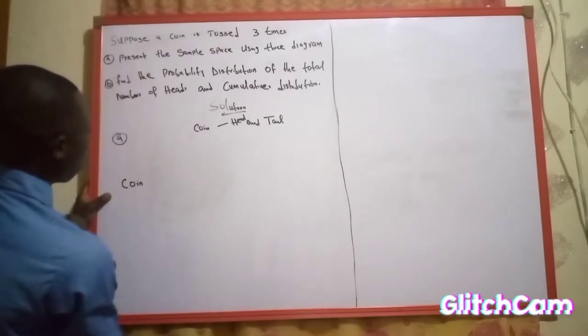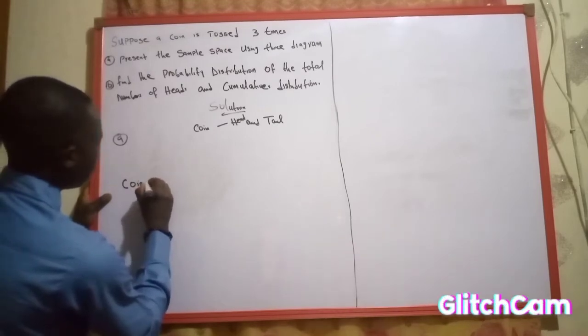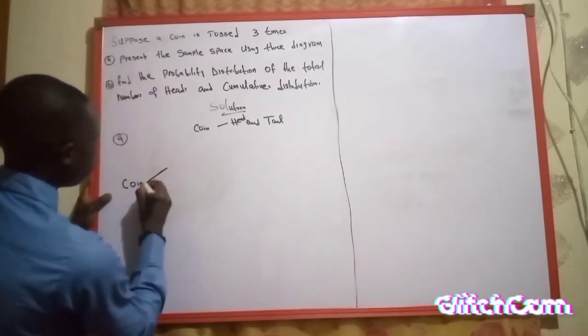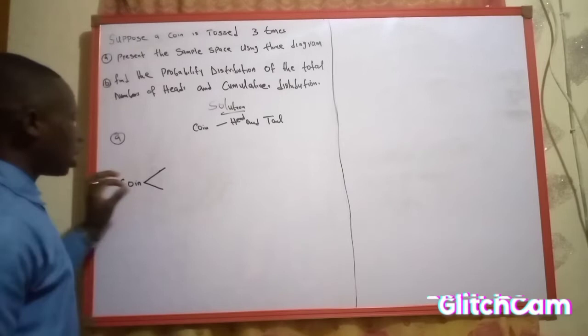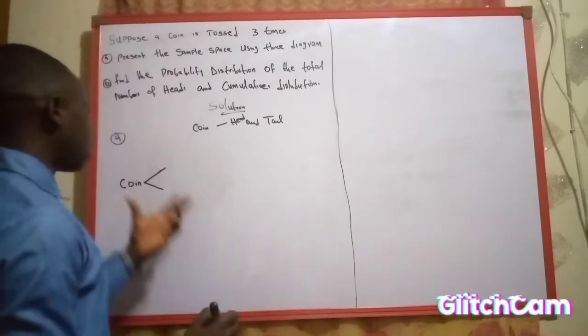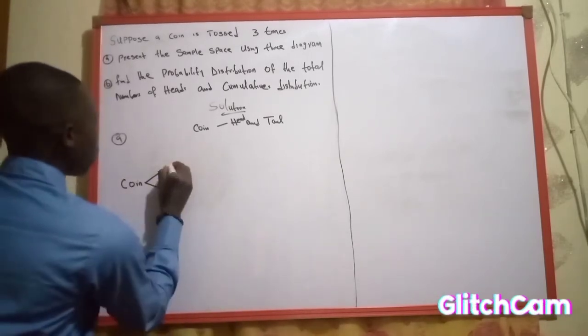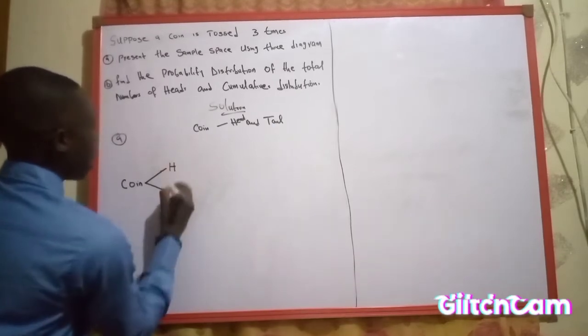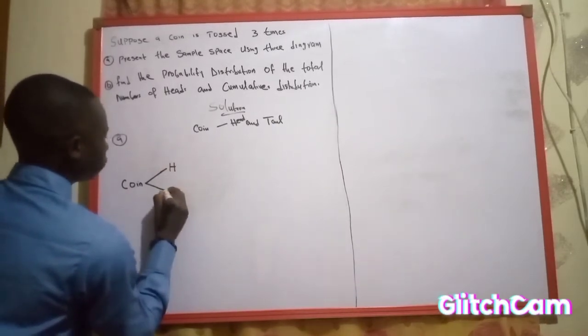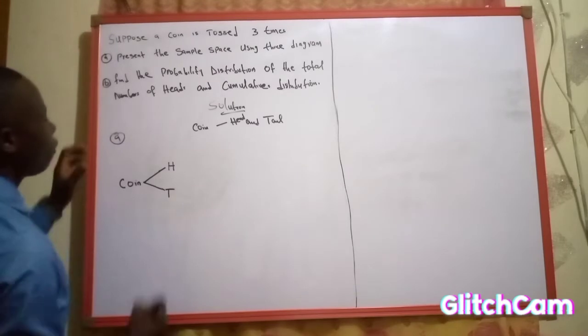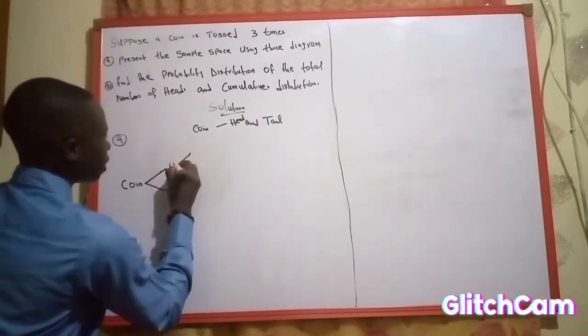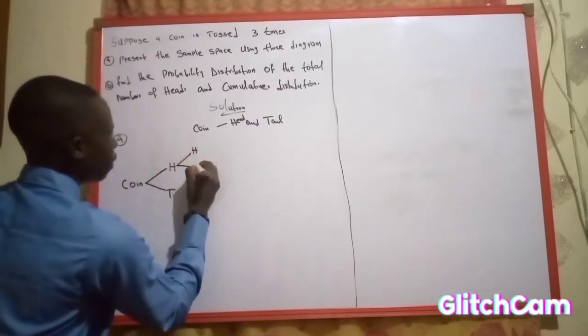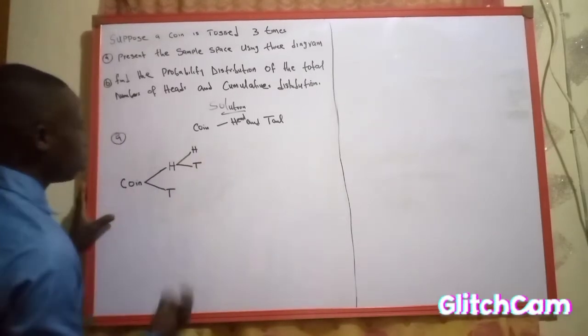So this is a coin. This is the first toss. If you toss a coin once at the first toss, you are going to have a head and a tail. If you toss it for the second time, you still have heads and tails.